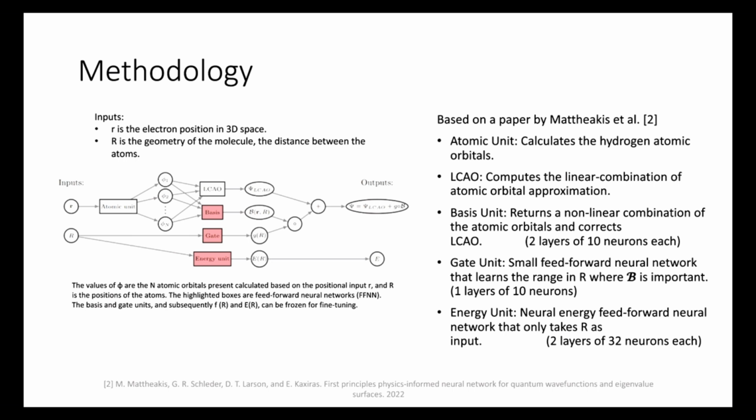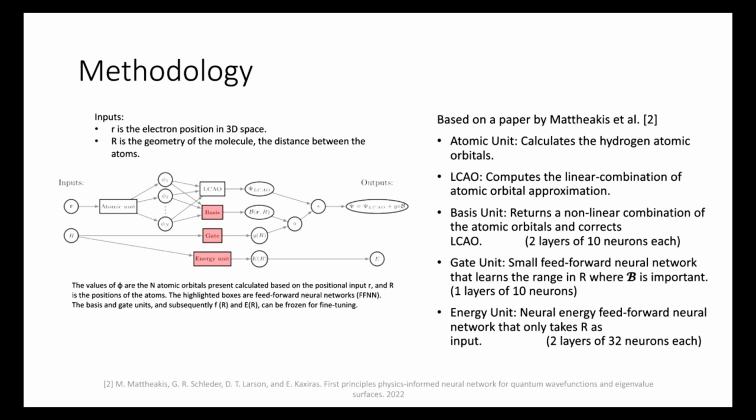The solution is guided by first approximating the solution using the linear combination of atomic orbitals approximation, which uses hydrogen atomic orbitals for each of the atoms. It also contains three feed-forward neural networks. There is the basis unit, which corrects the linear combination.